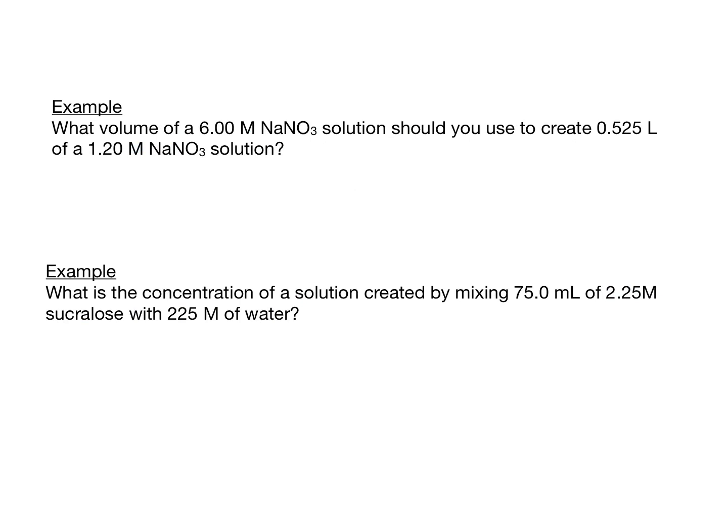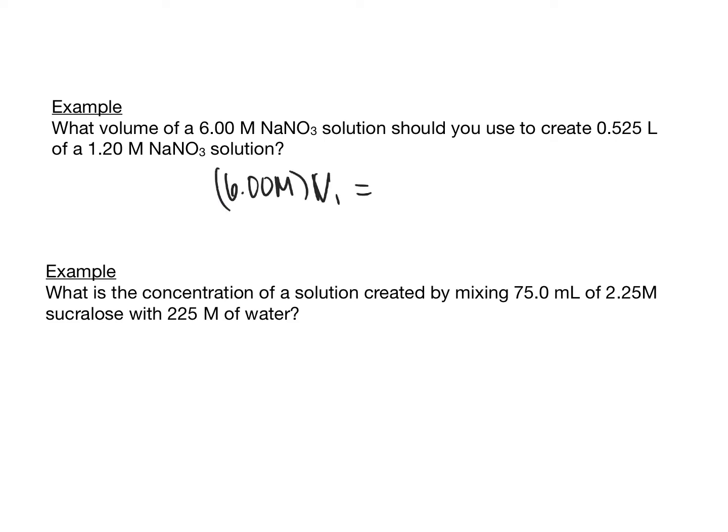So what volume of a 6 molar sodium nitrate solution should you use to create 0.525 liters of a 1.20 molar sodium nitrate? So in this case, we are going to see that we have 6.00 molar, and that gives us V1.